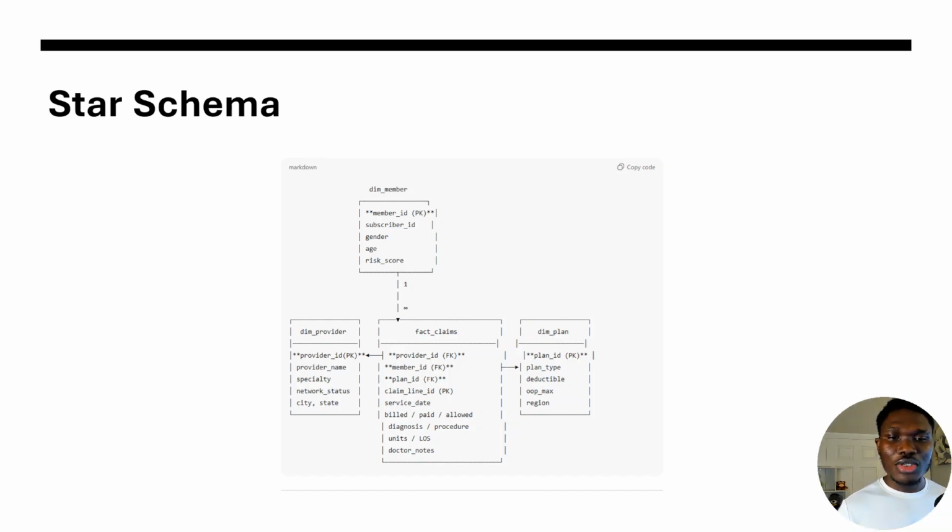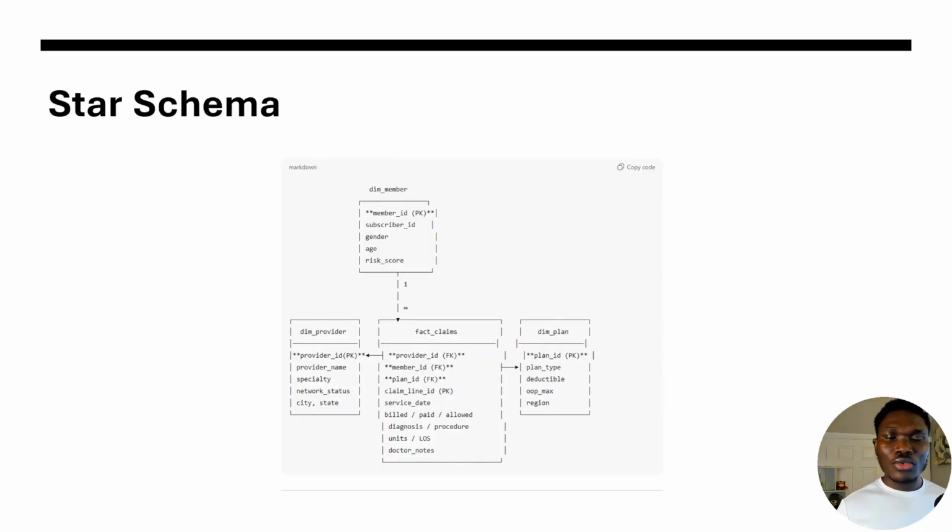If everything was in the member data, it would have been way longer. Imagine that we had a plan ID for that member, and for some reason we updated that plan ID. If that member had visited the hospital 10 times, we would have to change that plan ID 10 times. But because the information is right here, we only have to change it one time, so it reflects all the time.